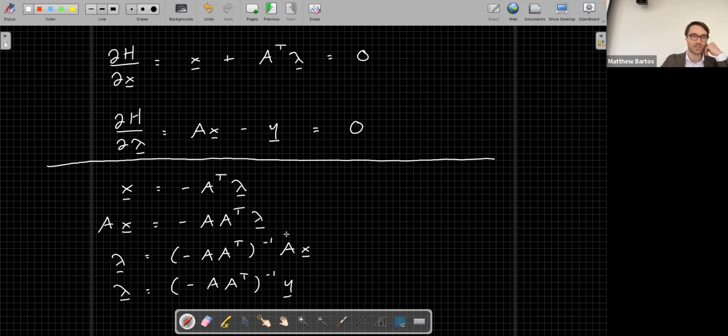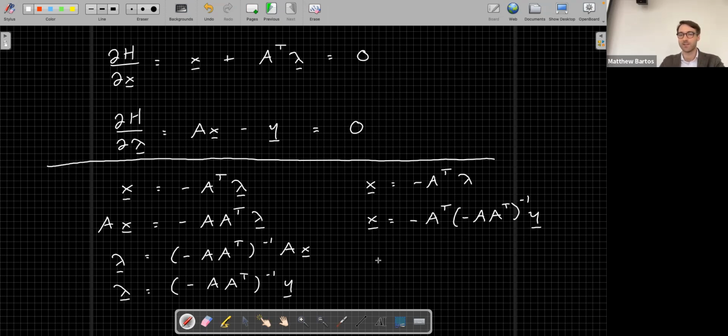Okay, if we take this and substitute it back into the first equation, we have that x is equal to negative A transpose lambda, and therefore, if we substitute in this expression for lambda, x is equal to negative A transpose times negative (AA transpose) inverse times y.